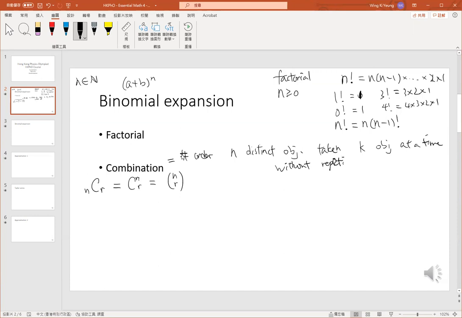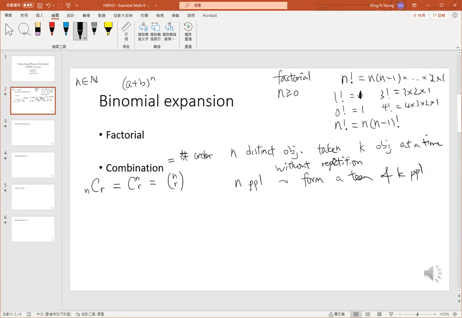I'm not going to teach you why they are equal to each other, why we can write it like this, but just to give you the idea. So let's say there are n people, okay? If you want to form a team of k people, of course every person is distinct from each other, so they are distinct objects.